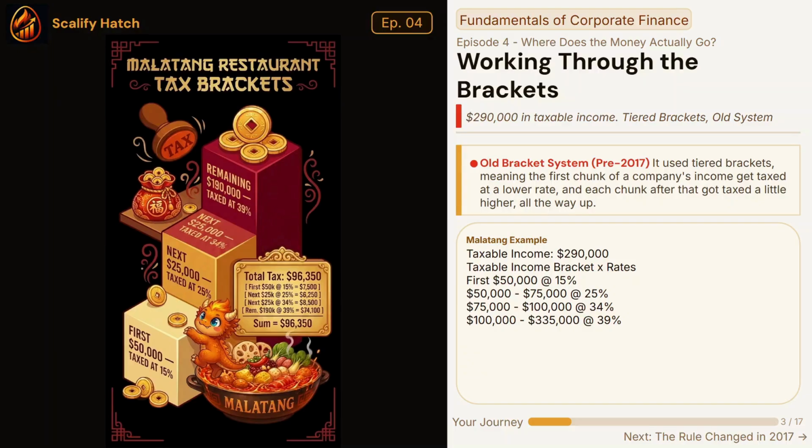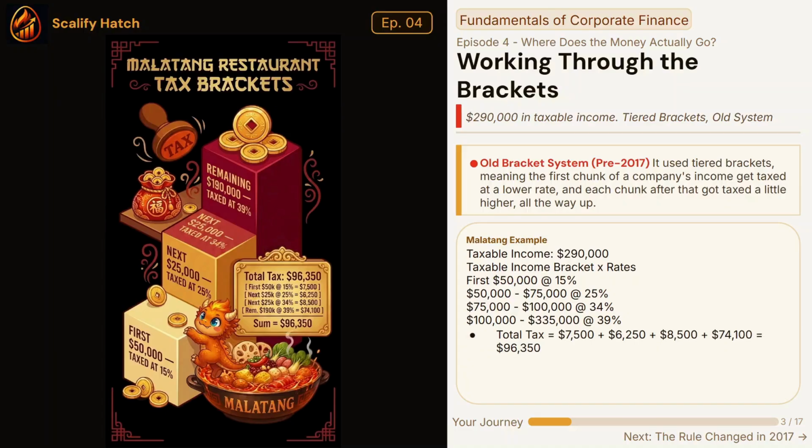That huge jump from 34% to 39% is kind of like a bubble bracket that existed specifically to claw back the benefit of the lower brackets from bigger companies. So working through those rates with our restaurant's numbers, we can add up four pieces together.